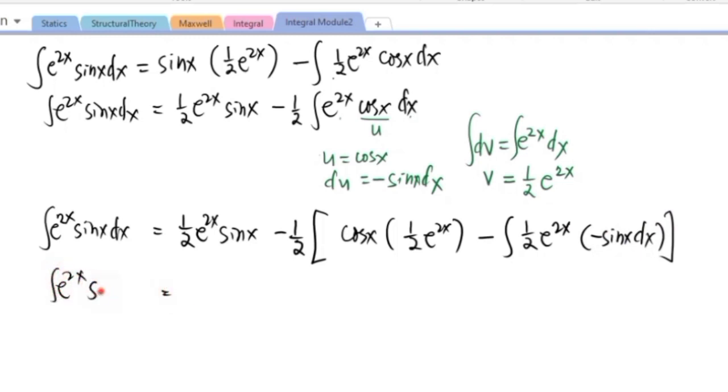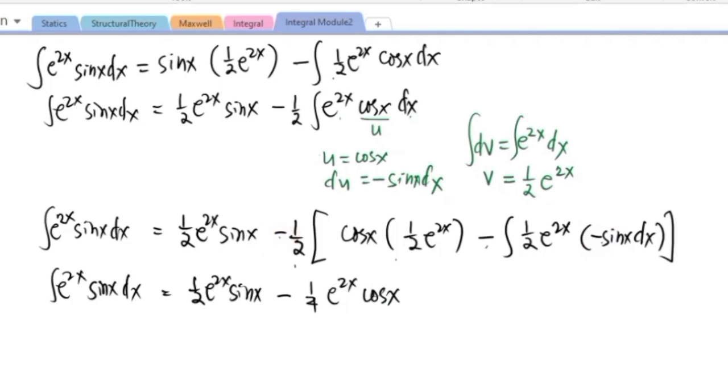So e to the 2x sine x dx is equal to 1/2 e to the 2x sine x minus, so 1/2 times 1/2, it's 1/4 e to the 2x cosine x.